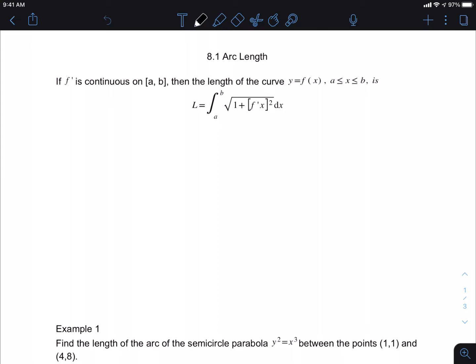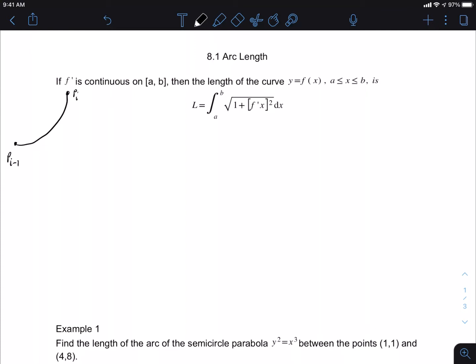So I'll show you a picture, and then we'll talk about how they derive this integral that we have for arc length. So if I have a curve like this, to find the arc length of this, we'll call this point p sub i minus 1, and this one over here we'll call p sub i.